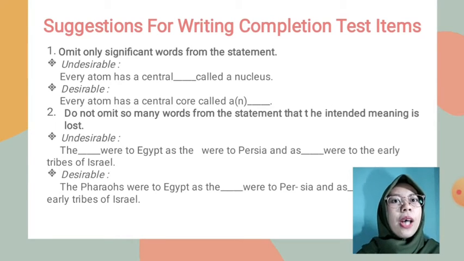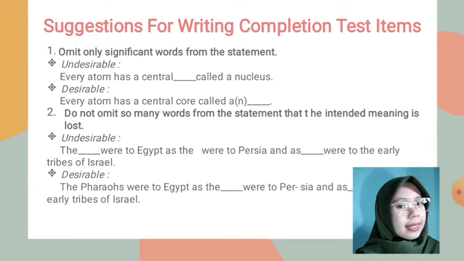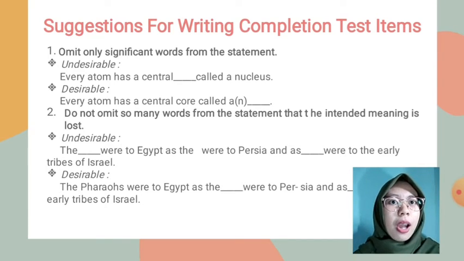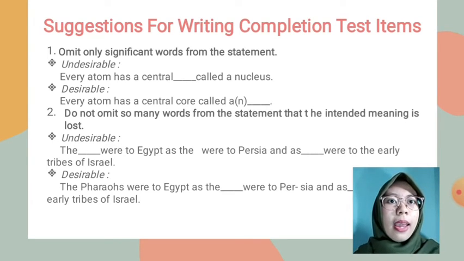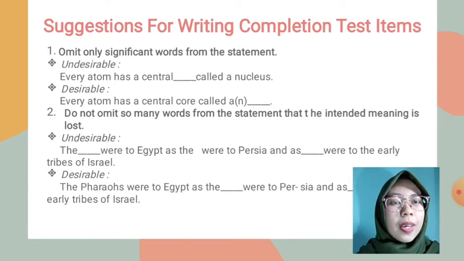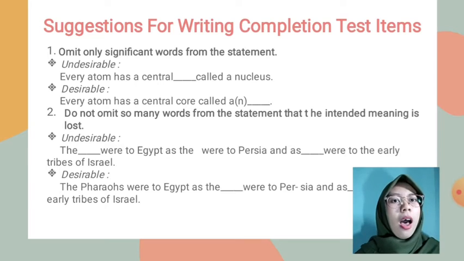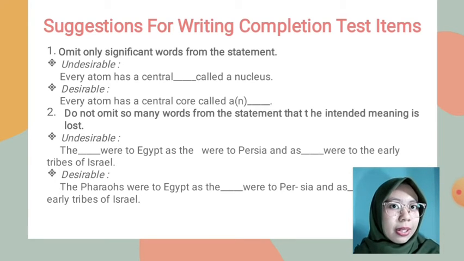Okay, so the next slide is about suggestions for writing completion test items. The first one is to omit only significant words from the statement. There are undesirable and desirable examples.